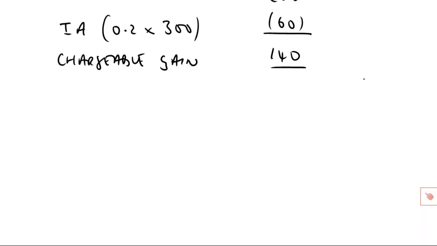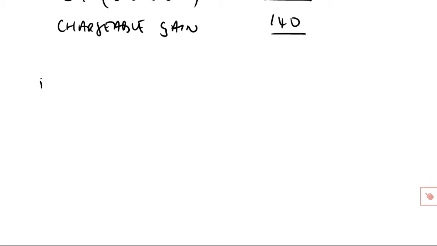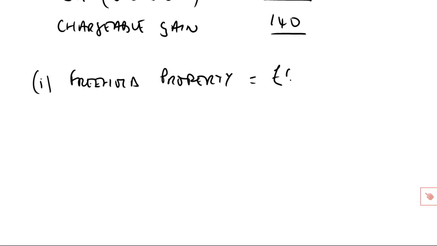Now, there were 3 options, of course, that we saw. Our first option was a freehold property, and that was some £600,000. What does that mean?